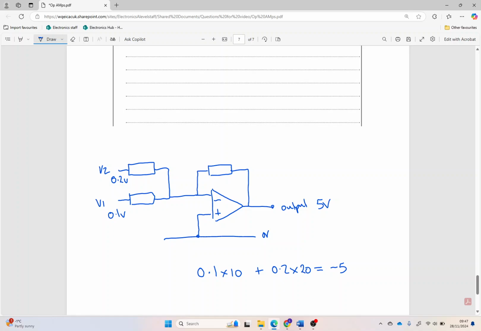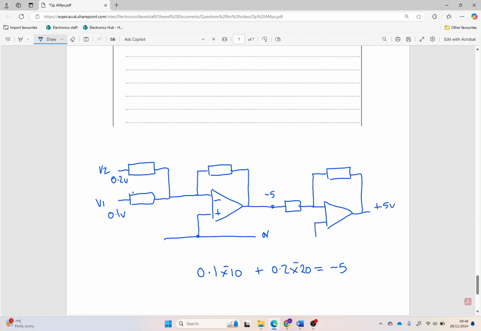So how do I change that minus 5 volts out into a plus voltage out? Well, I do need to modify this circuit slightly, because what I need to effectively do is put another inverting amplifier in here that will convert the minus 5 volts that I've got there into plus 5 volts.